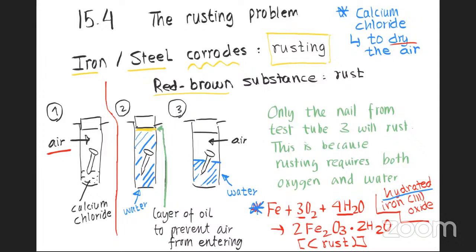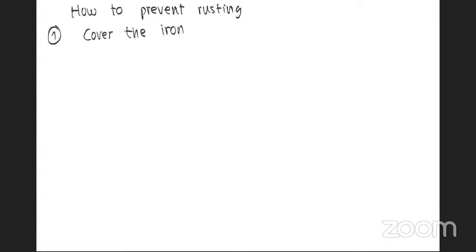The first way is to cover the iron, either by painting, by greasing, or by galvanizing with another metal. The first method is to cover the iron so that it is not in direct contact with water or oxygen.